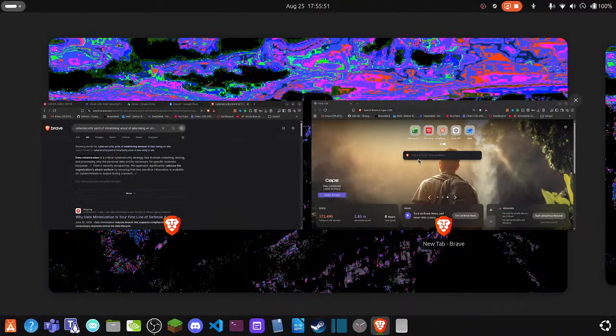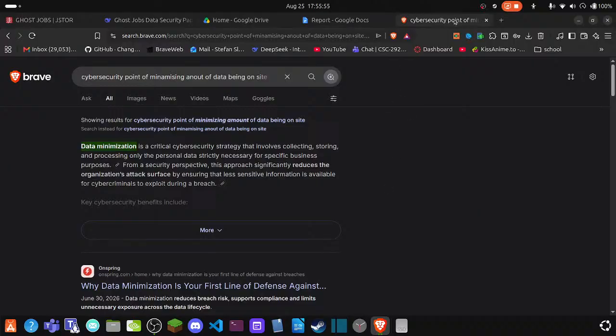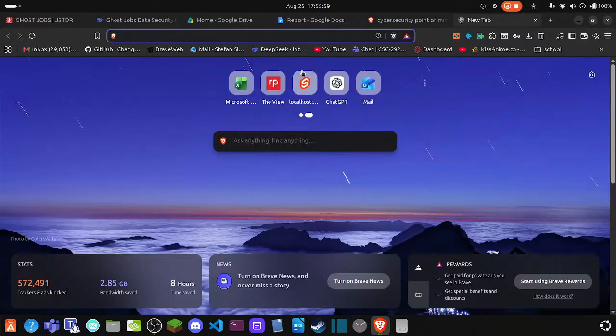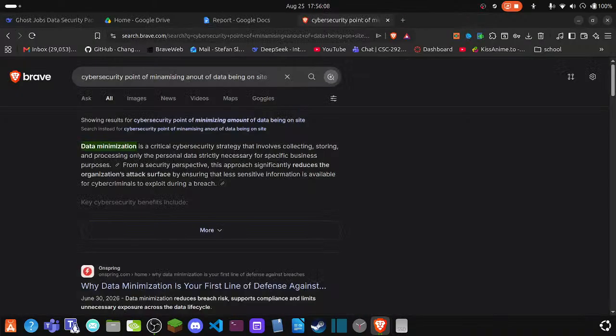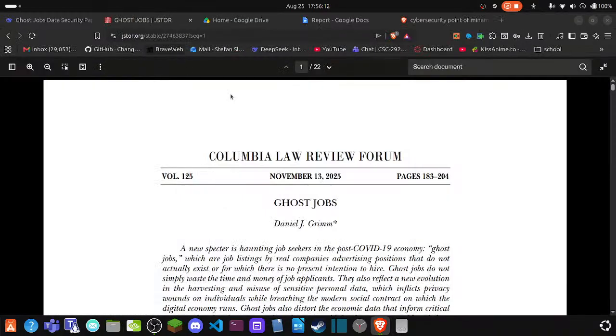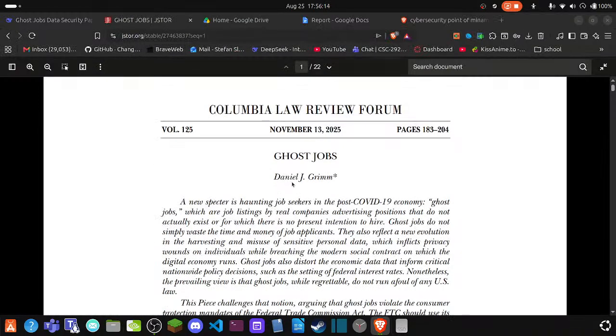Can't really show it though because of copyright reasons, so I'll just read on my own. This paper is going to be from Ghost Jobs by Daniel J. Grimm.